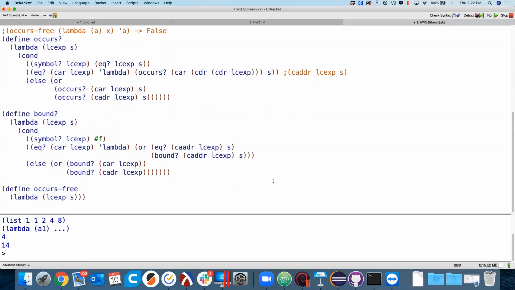So that's bound. All right, so for occurs free, for something to occur free, it must occur and not be bound.